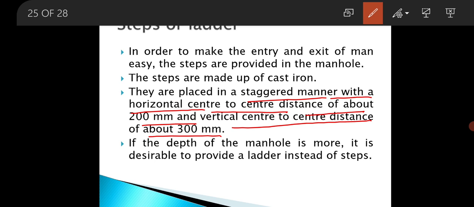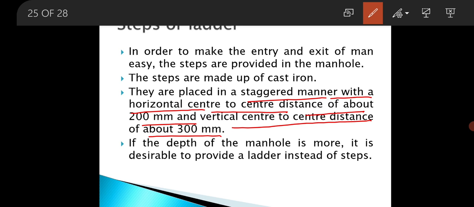The steps should be firmly embedded in the wall. And if the depth of the manhole is more, then it is desirable to provide a ladder instead of steps. So this ladder will give a high sense of security to the workers.